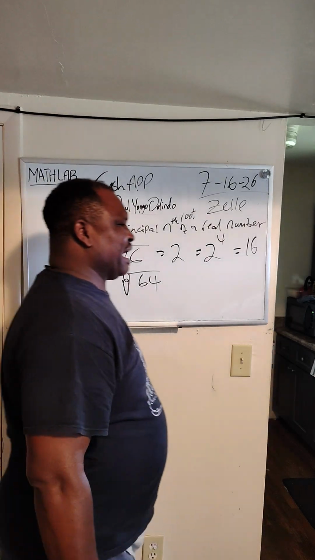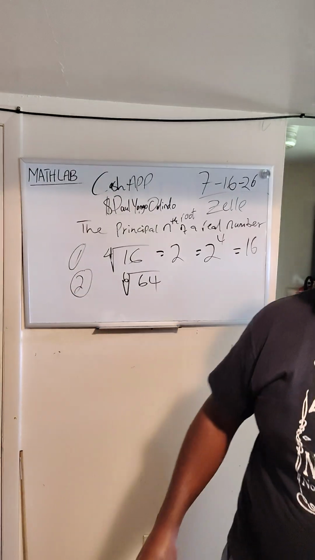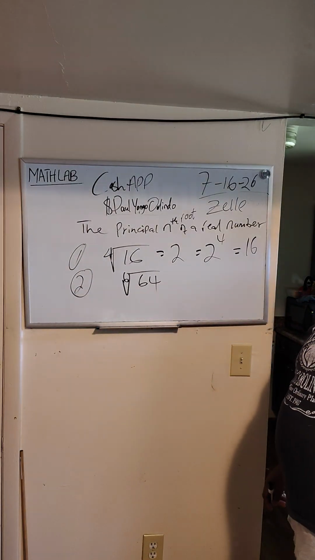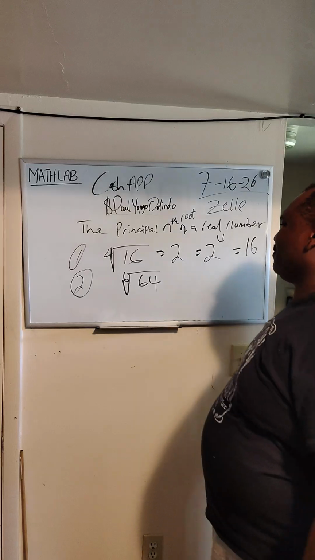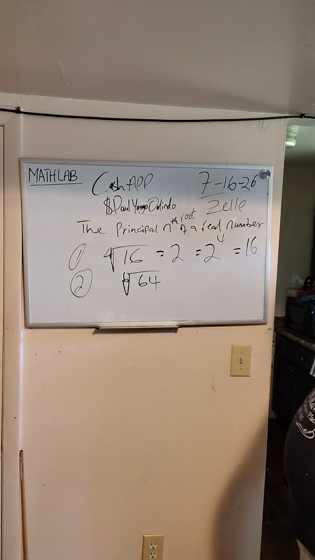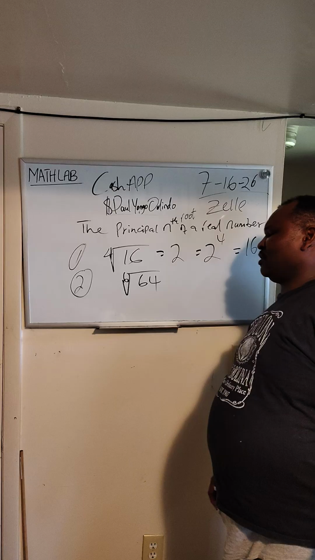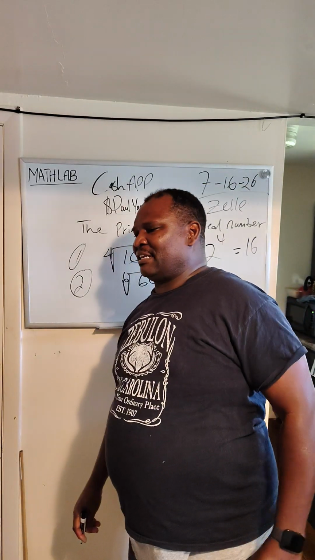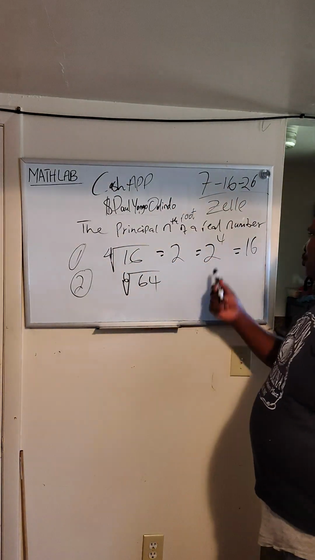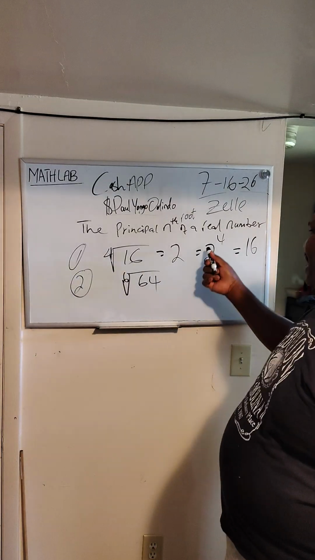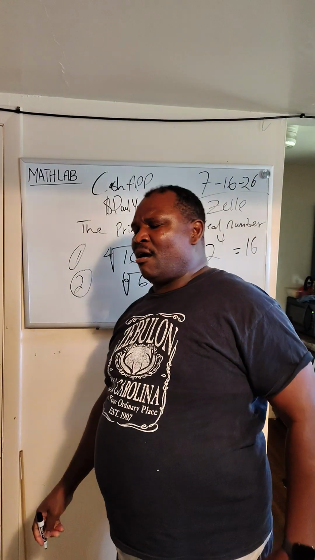That is the answer for that take-home assignment, because 2 times 2 gives us 4, and then 4 times 2 gives us 8, and then 8 times another 2 gives us 16. So that is 2 raised to the power of 4.